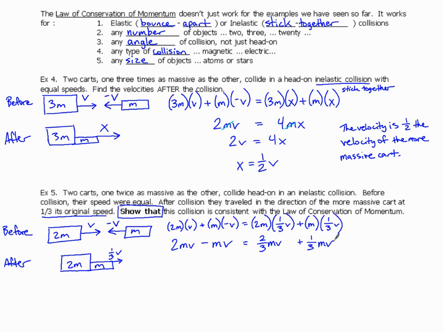And so what we have here, 2mv minus mv, is just mv. And 2/3 mv plus 1/3 mv is just mv. And so it checks out.